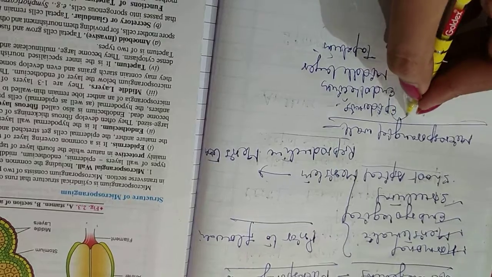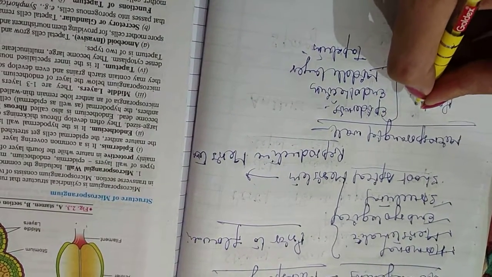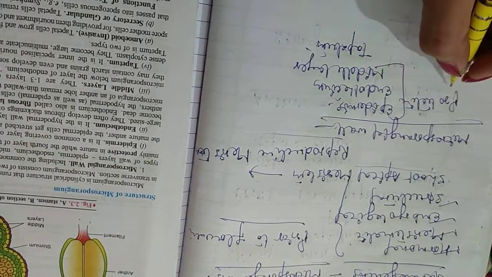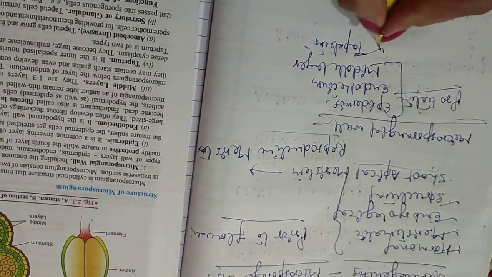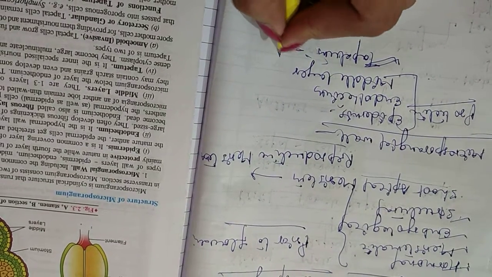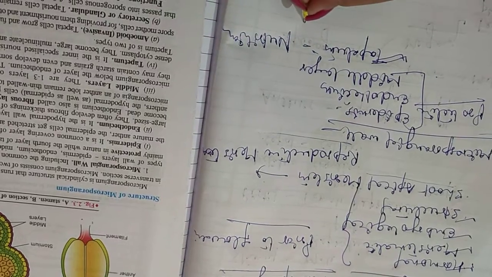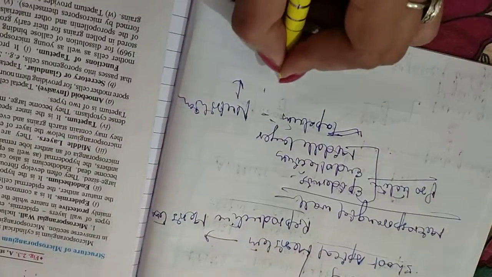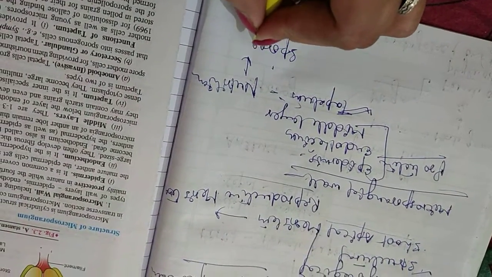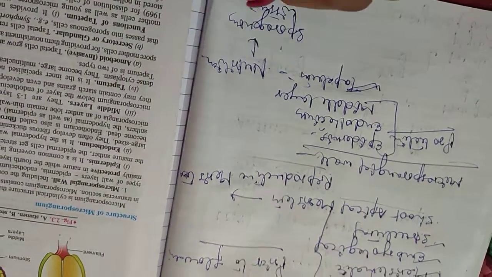And you have to remember that the three outer layers are protective in function, and this innermost layer, that is tapetum, provides nutrition to the developing sporogenous tissue. Nutrition to what? Sporogenous tissue.